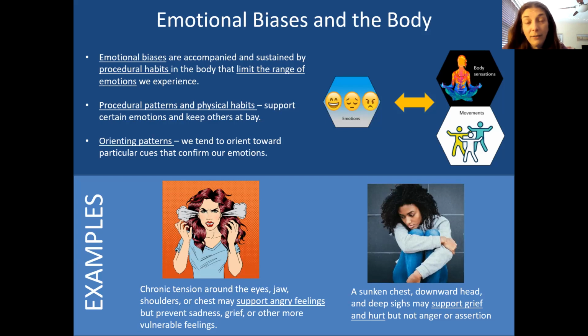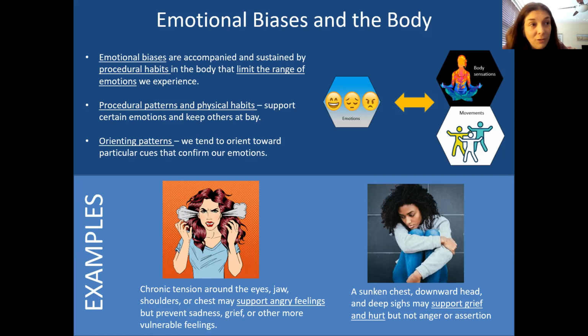On the other hand, let's say I am more used to experiencing vulnerable emotions, because that's what was reinforced in my family. It was okay to be weak, okay to be in a one-down position. That drew comfort to me, perhaps. People paid attention to me when I looked like I was suffering. So I developed a body habit of having perhaps a sunken chest, a downward head, deep sighs that support grief and hurt.